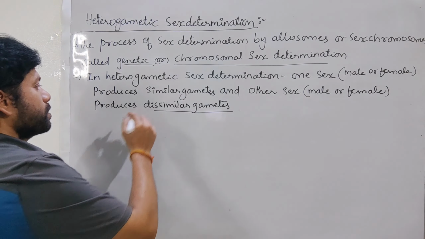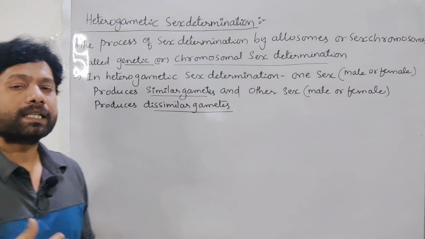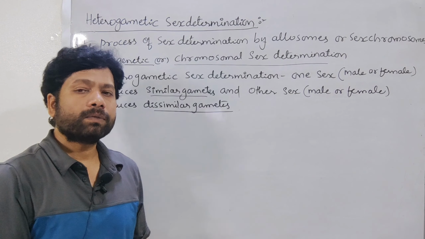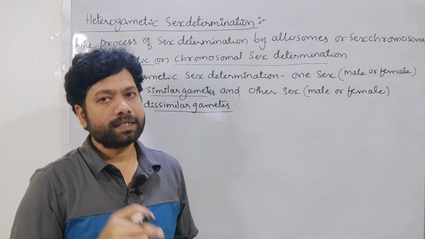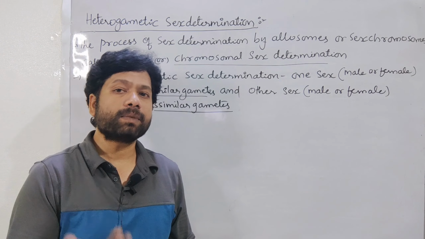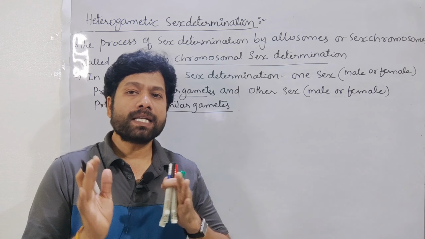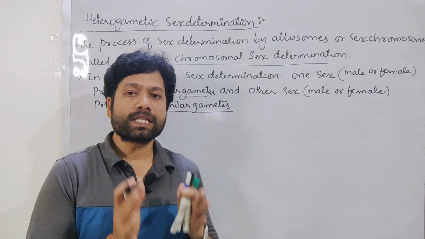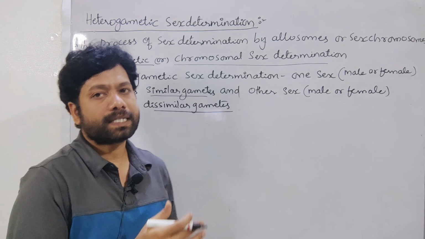So here in heterogamatic sex determination, one of the sexes compulsorily produces similar gametes, and the other sex compulsorily produces dissimilar gametes.